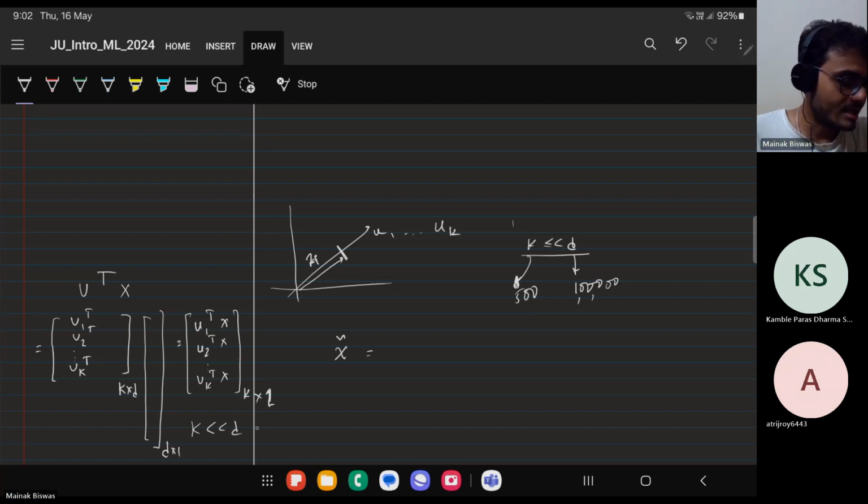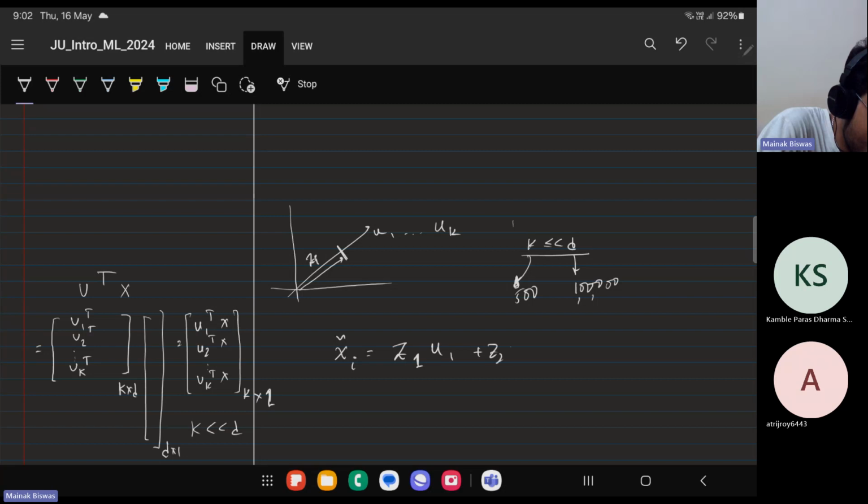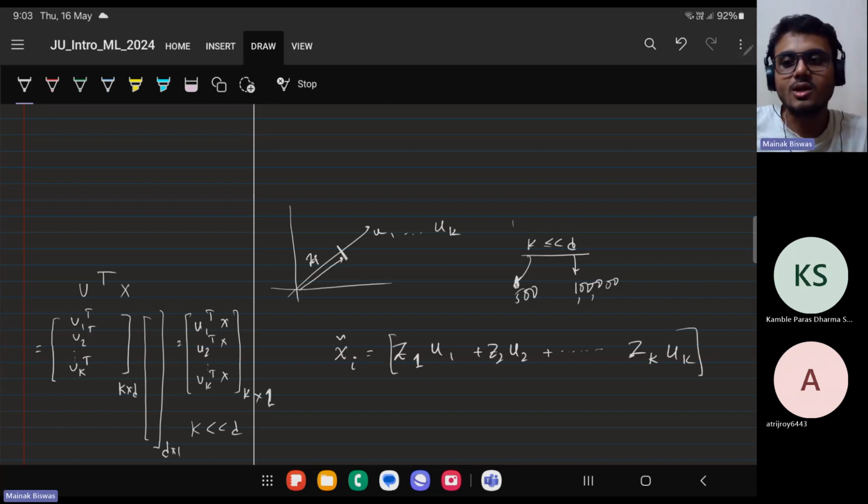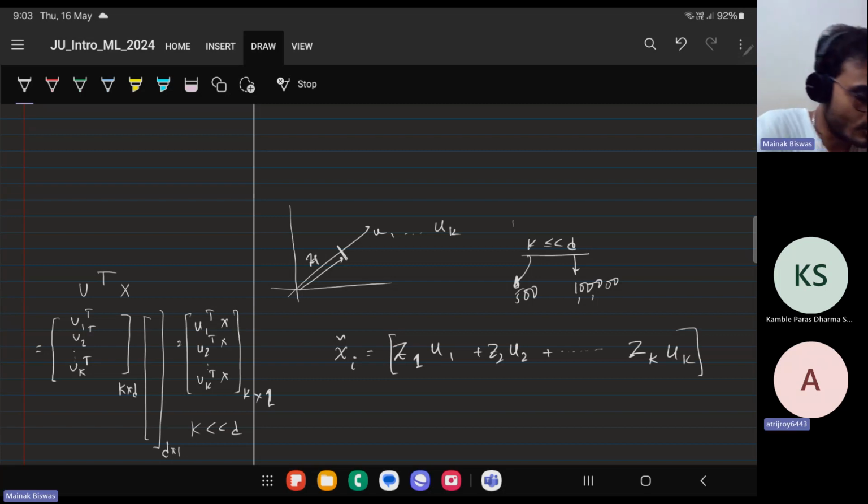So intuitively speaking, what should be the reconstruction that you will get? Do you agree this is going to be Z1 U1, Z2 U2, dot dot dot, ZK UK, all the components? That's how we started with the reconstruction, yes or no? So what were the Zi's?